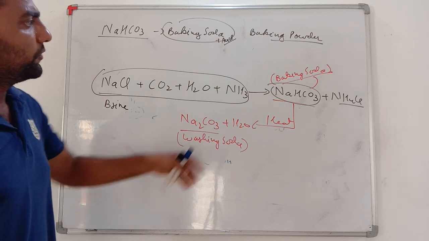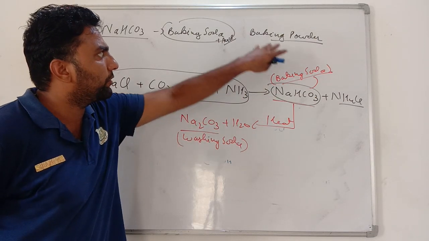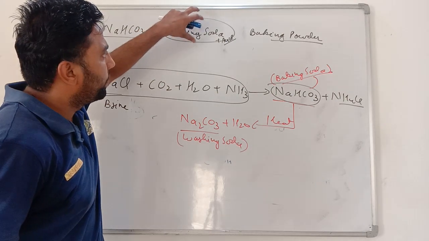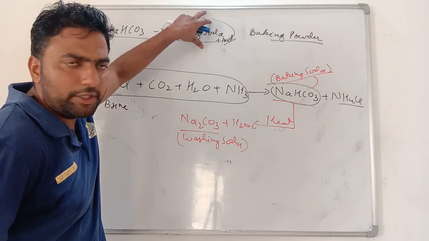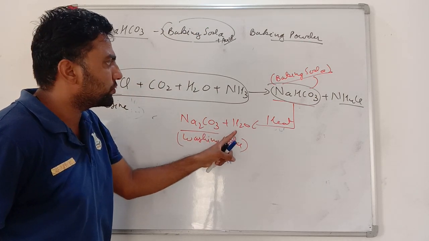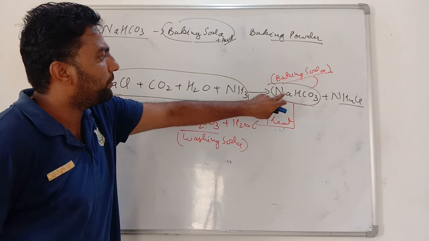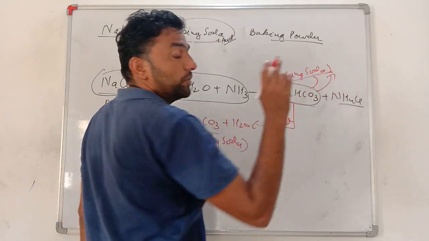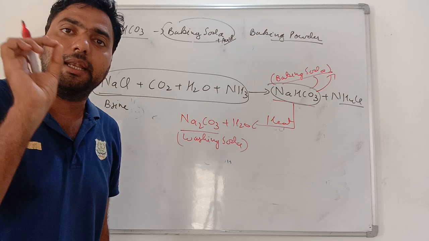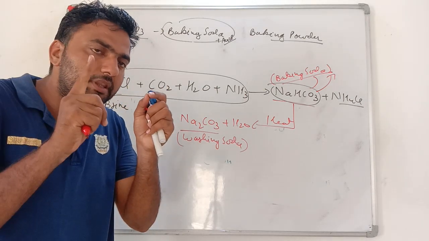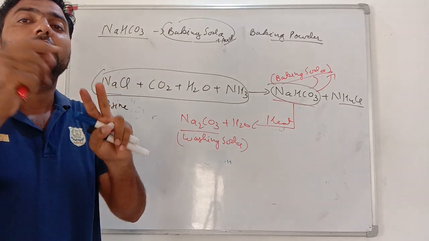Why? When we use sodium hydrogen carbonate, baking soda is the main ingredient. When we heat it and add water, we get Na2CO3 plus H2O plus CO2. If you want to bake anything, it must be a bit wet. Along with that, it must have a bit of heat.